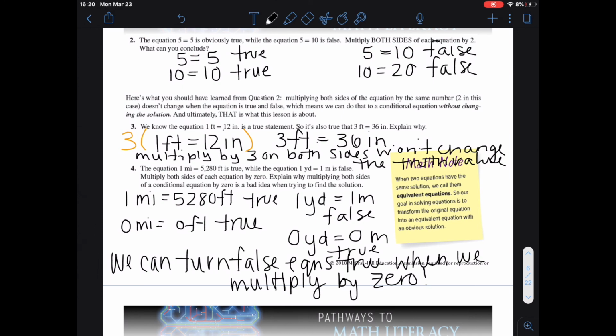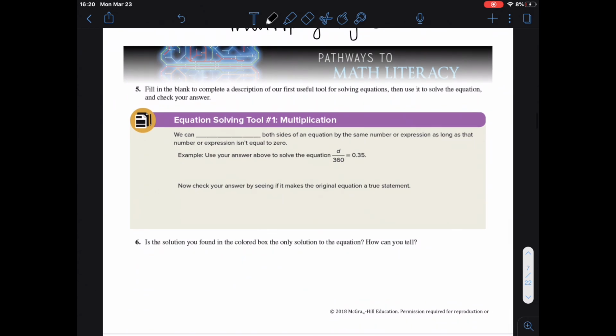So be careful, you don't want to do that, but if you multiply by any other non-zero number, you're good. So this is our first tool we have for solving equations. We can multiply both sides of an equation by the same number or expression as long as that number or expression isn't equal to 0.